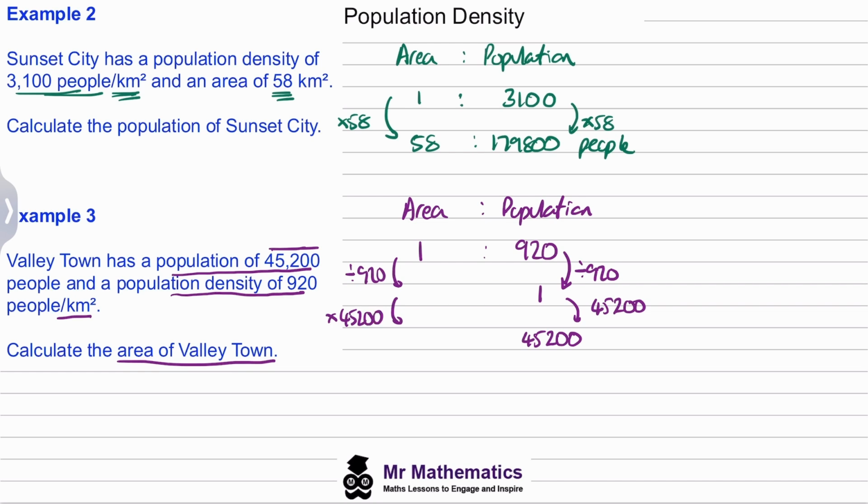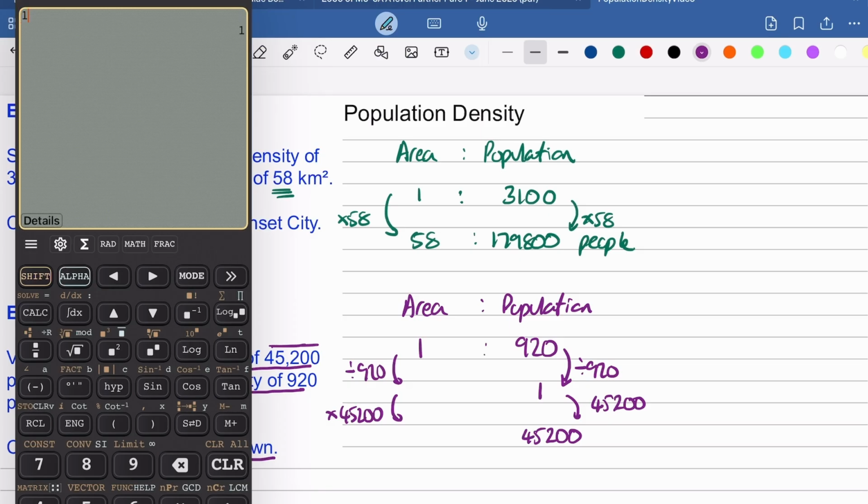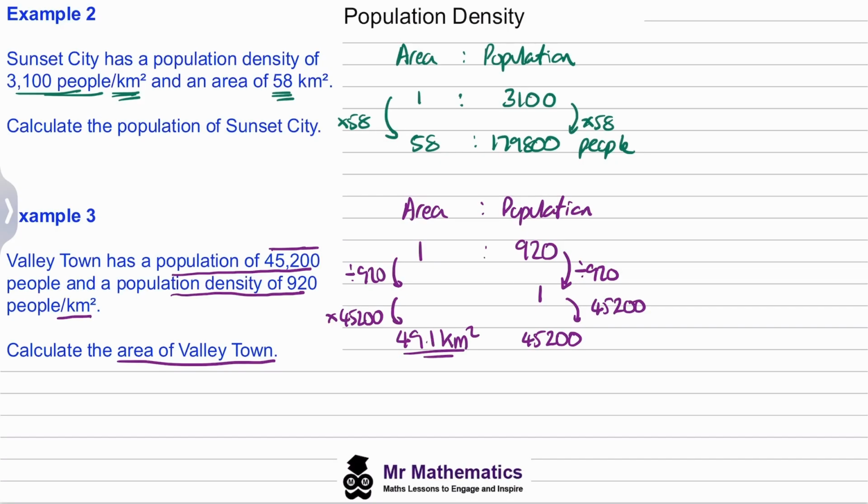And we can do this on our calculators. We'll have 1 divided by 920 multiplied by 45,200. And we get an area of approximately 49.1 kilometers squared.